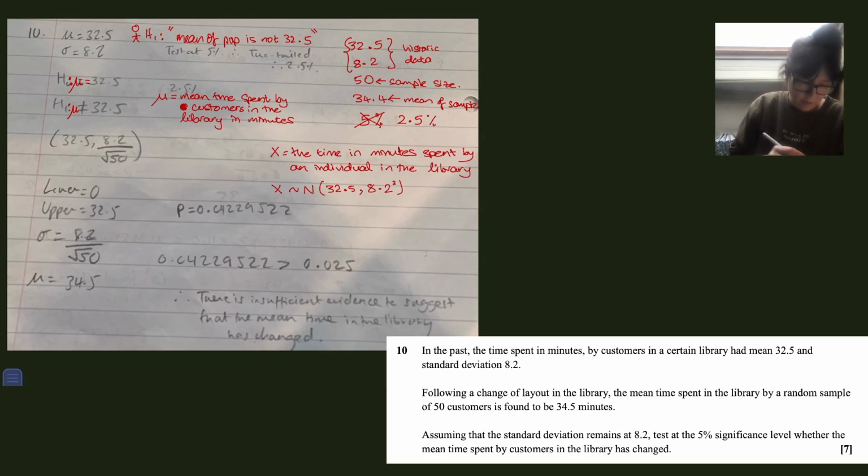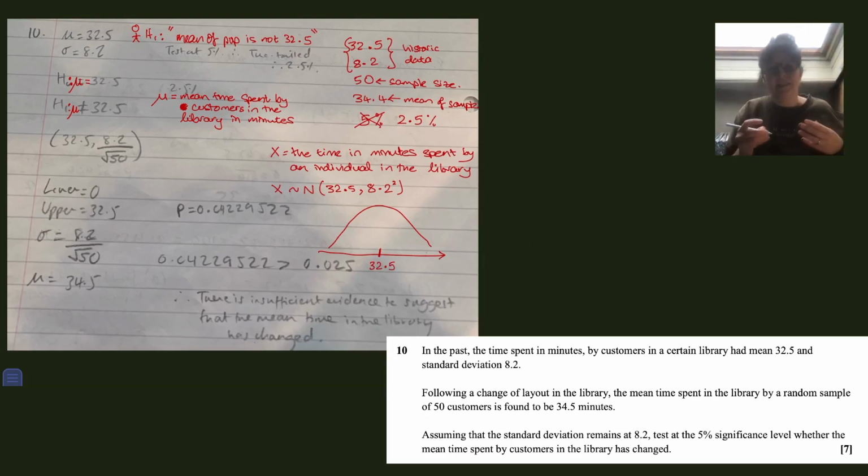Okay. Now we need to find out whether or not this 34.4 is significant or not. 34.4 is higher than what I was expecting. I was expecting the mean of the sample to be 32.5, or at least H0 was expecting that. H0, historic person, is expecting the mean of the sample to come out to be 32.5.